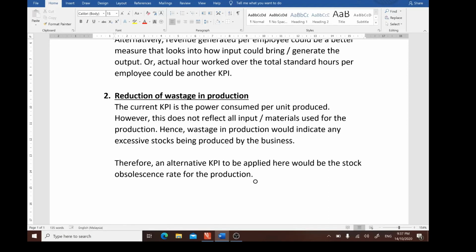Would you see this as part of the wastage? Yes, definitely. And of course, you can bring in some other measures, for instance, we can even measure the input cost for the production relative to the output level or the output rate.